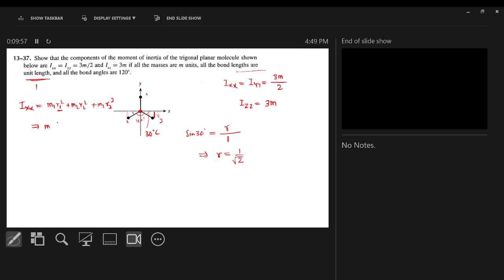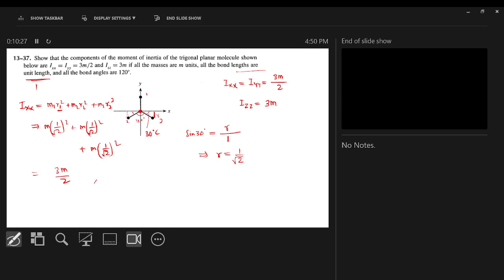So m times 1 by 2 square, similarly for the others, so it will be 3m by 2.